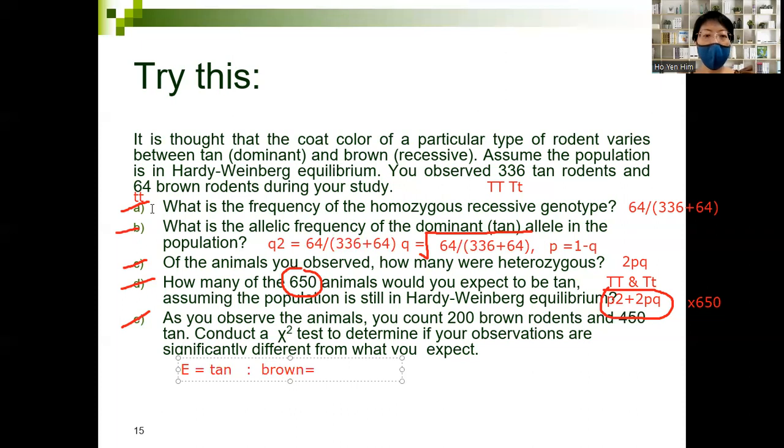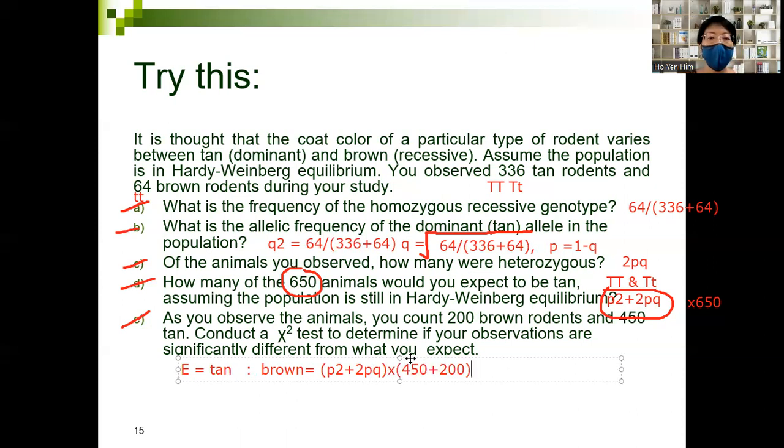Your tan is p squared plus 2pq, right? Times the proportion means how many in total? Sorry, what am I doing? This is tan, correct? This is tan times 450 plus 200. Your population size is this big, correct?